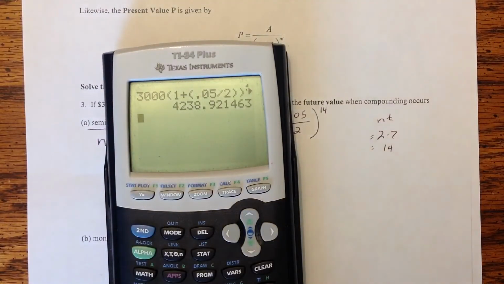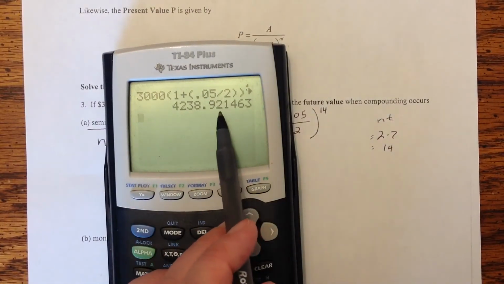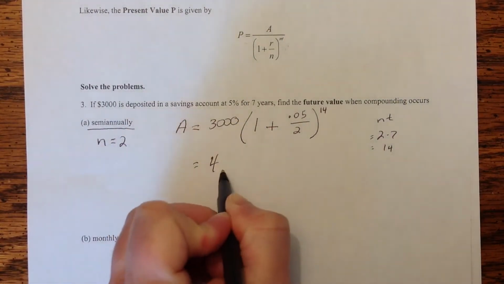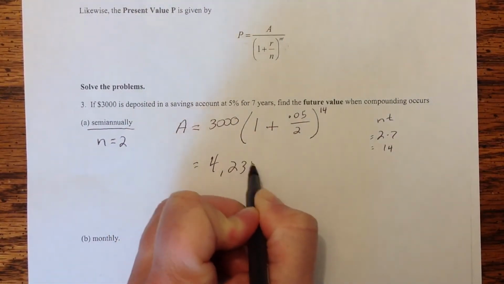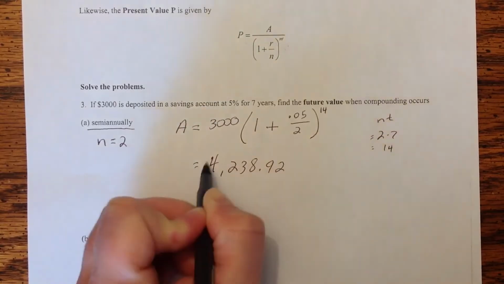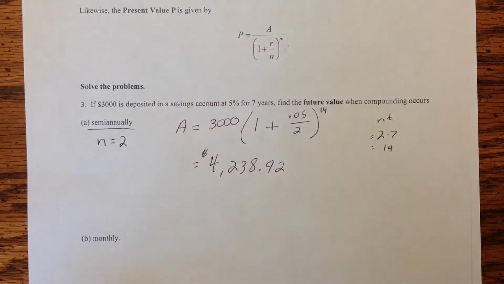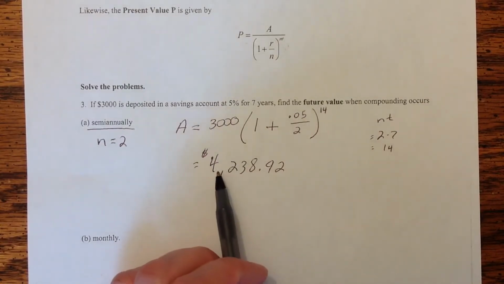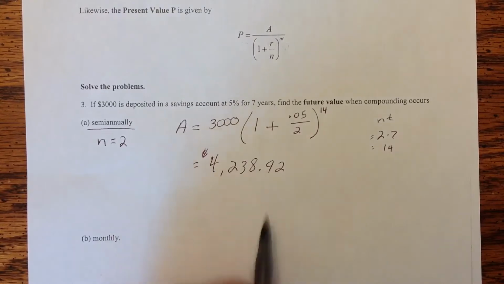And then I see my answer is 4,238, and I'm going to round at the second decimal because we're talking about money. 4,238 and 92 cents. So that's the full amount in the future. Now this still includes the $3,000 you started with, and the other 1,200 plus is your interest.